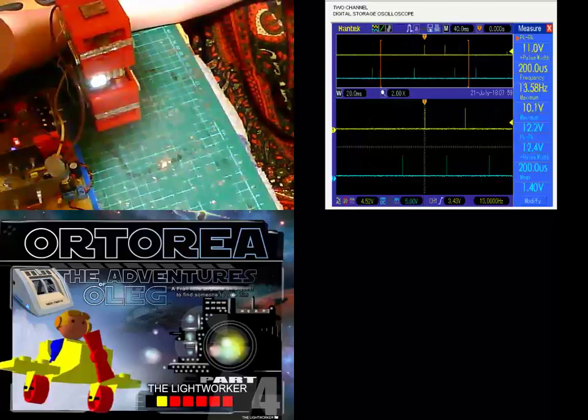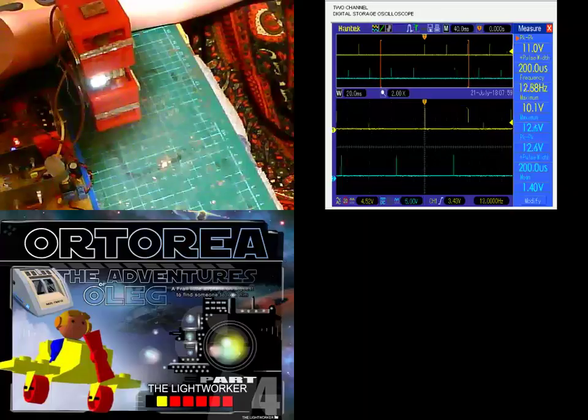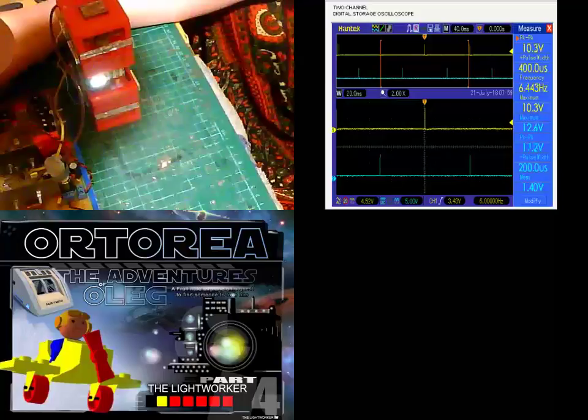I can certainly go right down and we can see it go up to something like 400. There we go, it's up to 400 microseconds. So that is about 400 microseconds. Well, that's pretty good really.